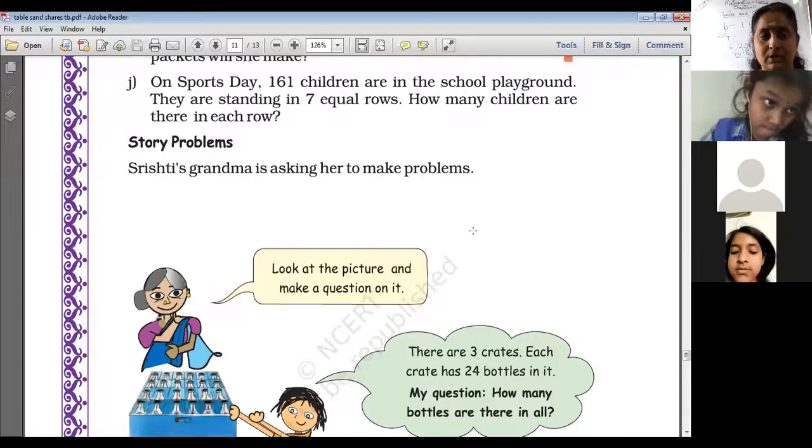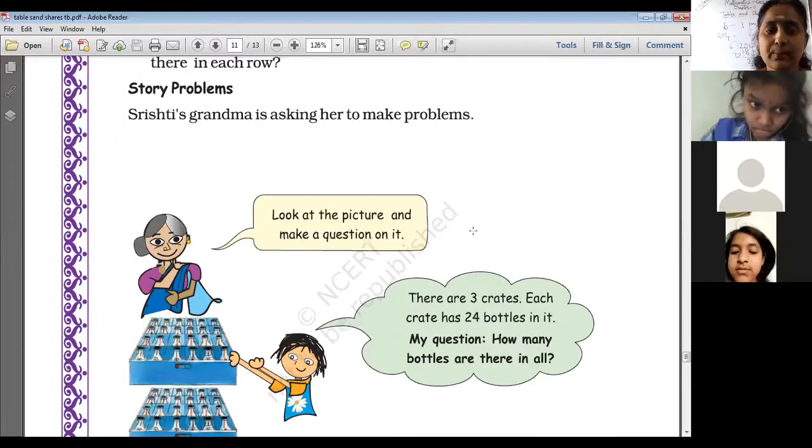Next. Story problems. Srishti's grandma is asking her to make problems. Her grandma is giving answers and she is asking to make the questions. Look at the picture and make a question on it.